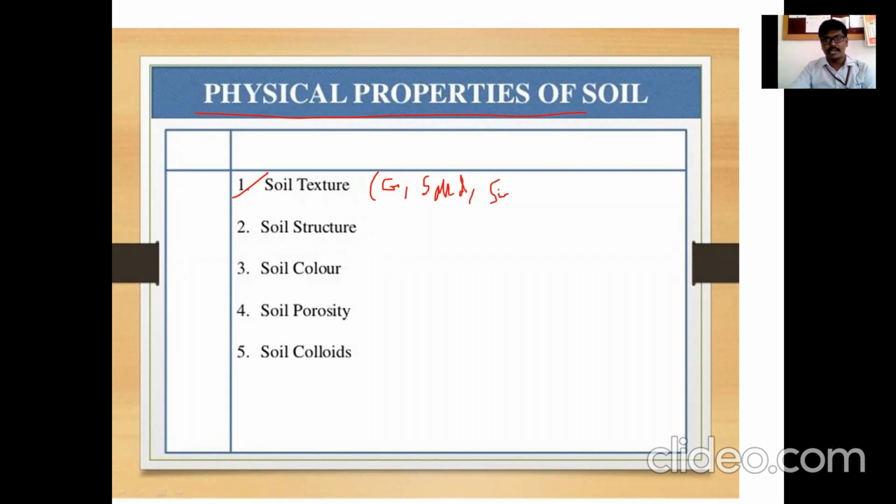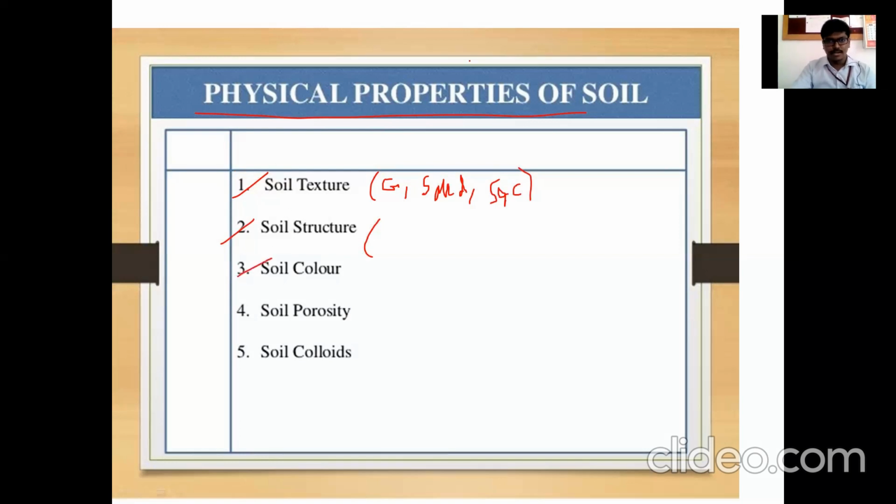Depending upon the composition of these soil particles, you tell the soil type. And later on soil structure, which is the shape of the soil particles present. Depending upon the shape, we define the soil structure.